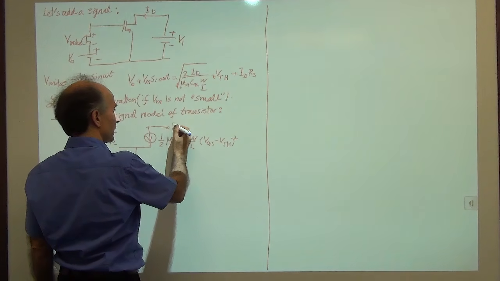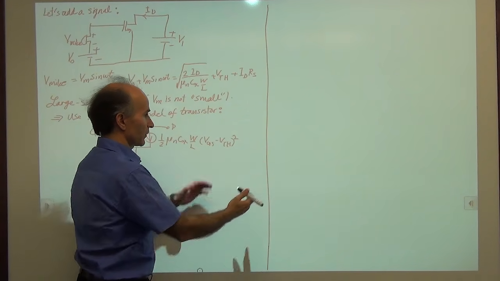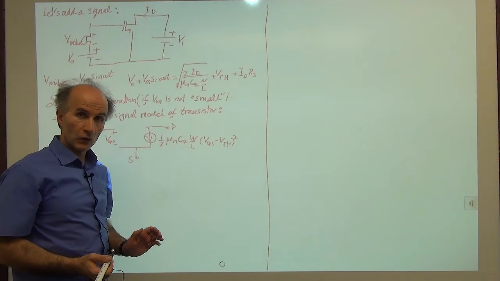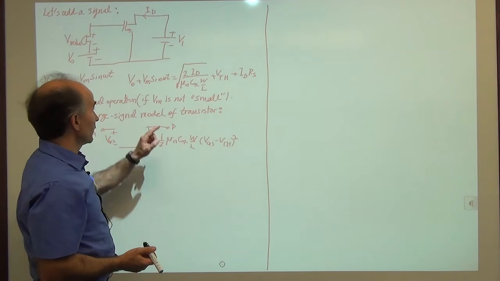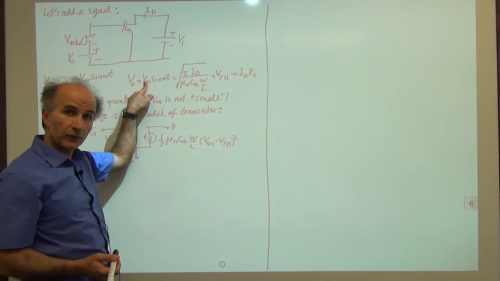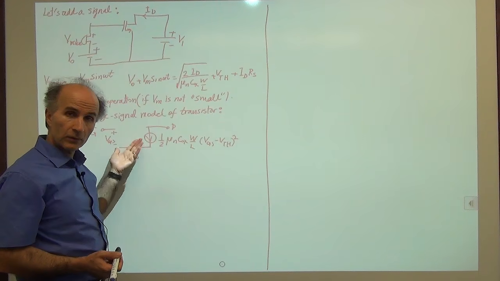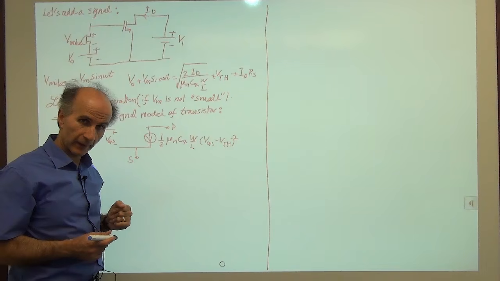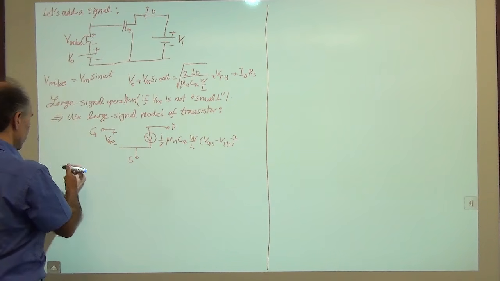This is a drain. And if you want to include channel length modulation, then 1 plus lambda VDS. So if we don't have any restriction on the signal amplitude coming in, then we have to use this model, which we call the large signal model. All right? Okay, very good.